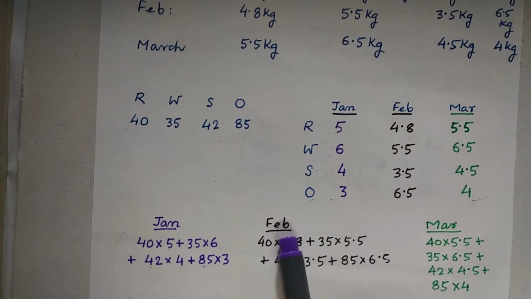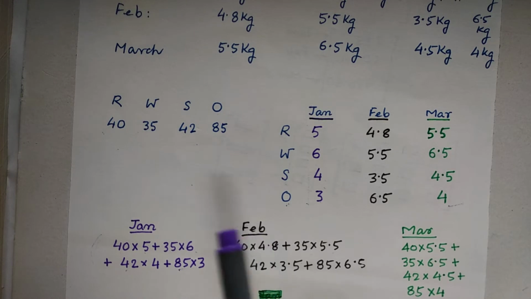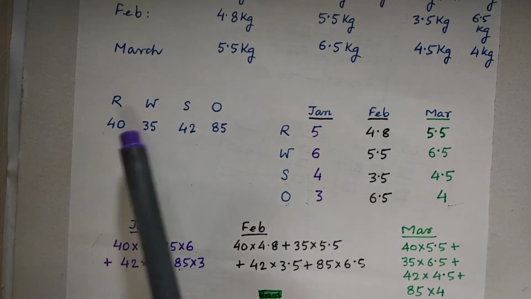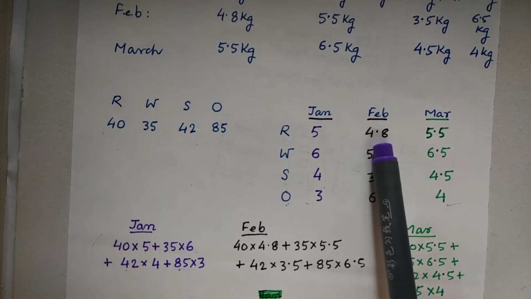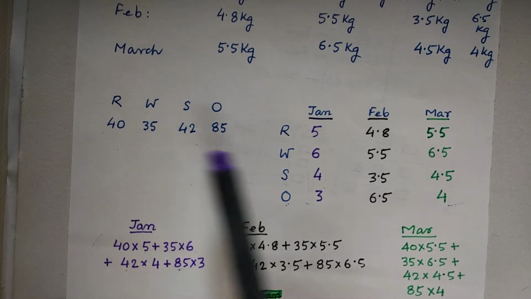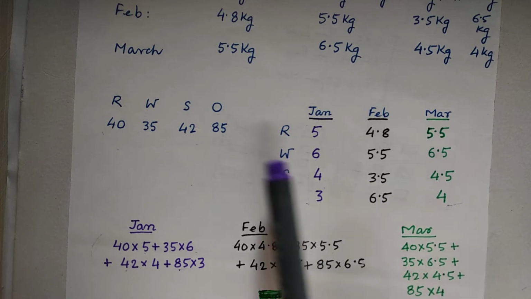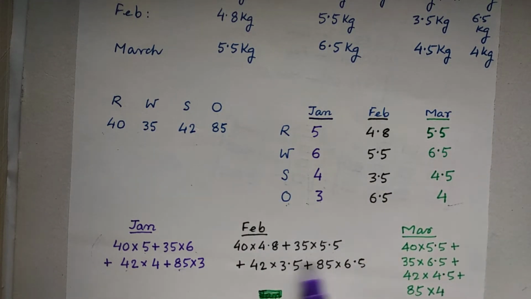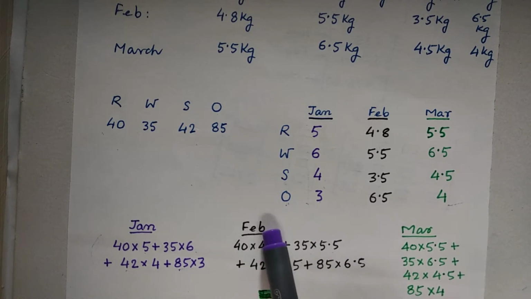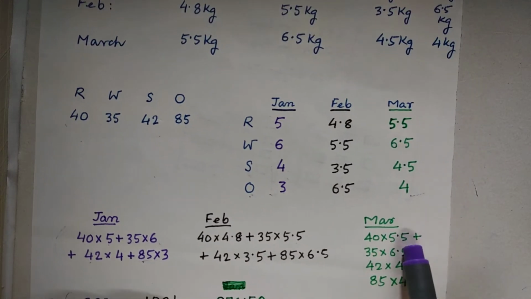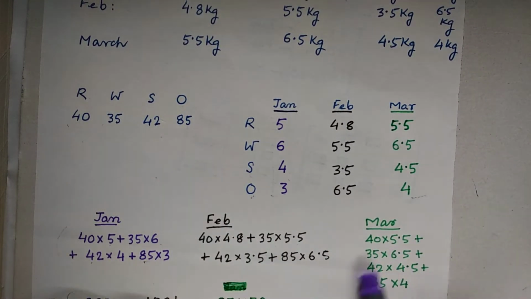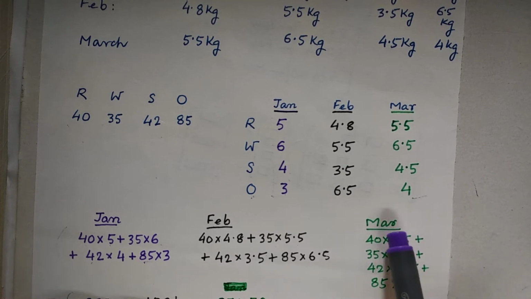Similarly, for February we have 40 into 4.8 plus 35 into 5.5 plus 42 into 3.5 plus 85 into 6.5. This will be the total expenditure during the month of February. In March, the same is the procedure, and this gives the total expenditure in March.